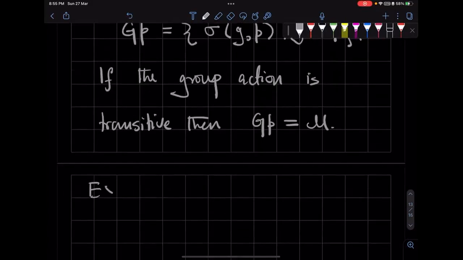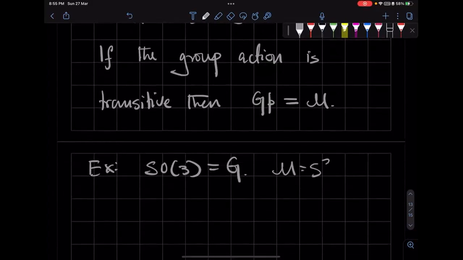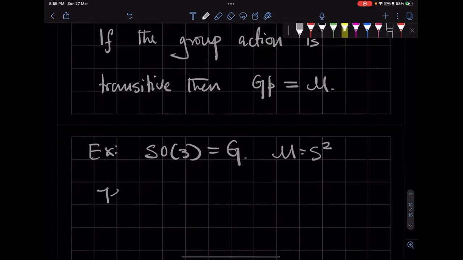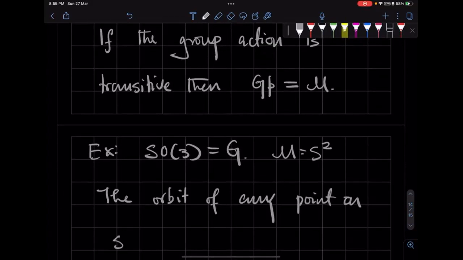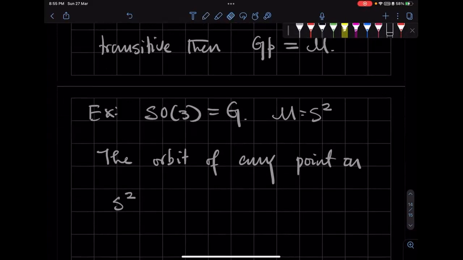So an example of an orbit is that SO3, if I take SO3 to be some group, and the manifold is S2, then the orbit of any point on S2 is S2 itself, right? Is this clear what I'm saying now?